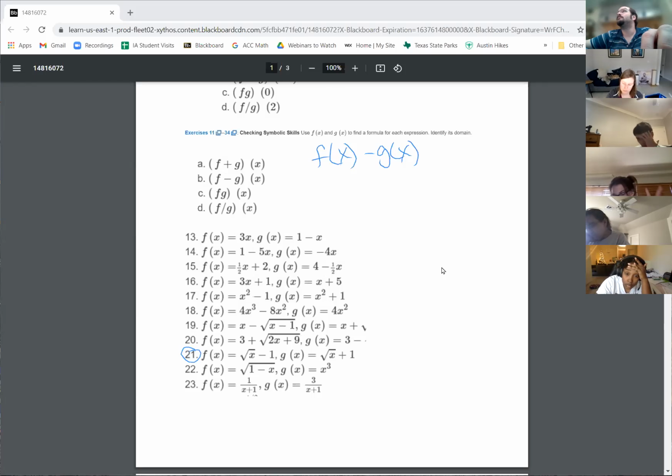I don't know what the exact beginning would look like, but after the equal sign, it would be the square root of x minus 1 in parentheses, right? Sure. Either one, same thing. Okay. And then minus, or a negative sign, and then would that get distributed to g of x? Yeah, let's write out g of x first. We can distribute it on the next step. So g of x is square root of x plus 1. So that's what goes in that parenthesis.